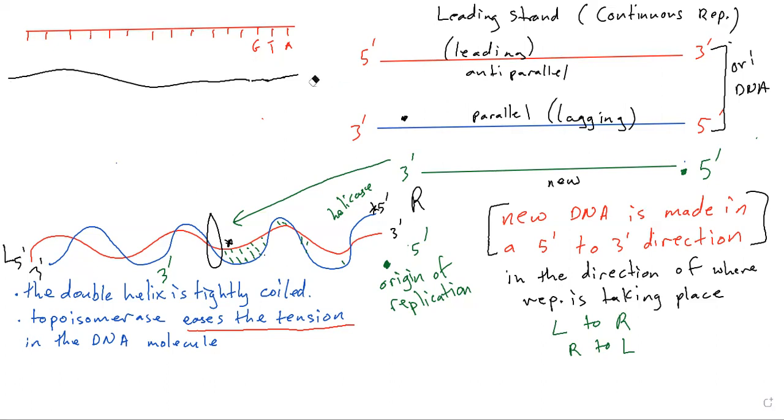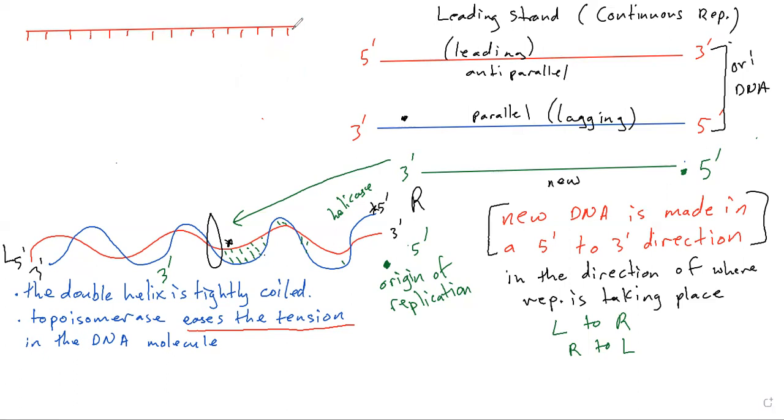However, DNA polymerase 3 cannot just go ahead and start adding nucleotides. It needs some form of initiation, what we call the initiator. It's the RNA primer.